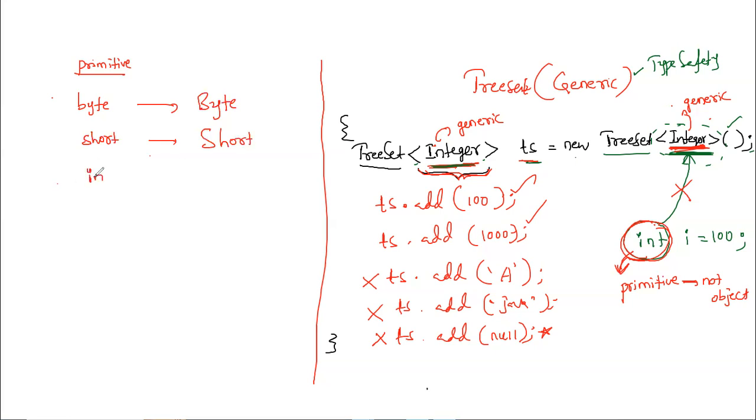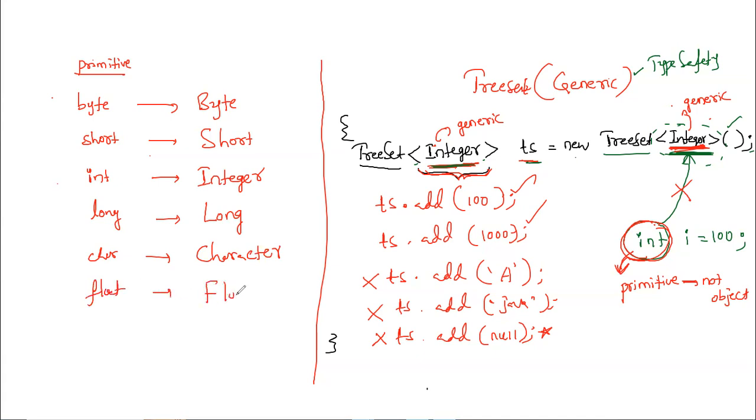Next, int is the next primitive, then Integer is the class name. Next, long, then there is a class named Long. Then similarly for char, there is Character with capital C. And for float, there is a class named Float with capital F. Then double has a corresponding class name Double.